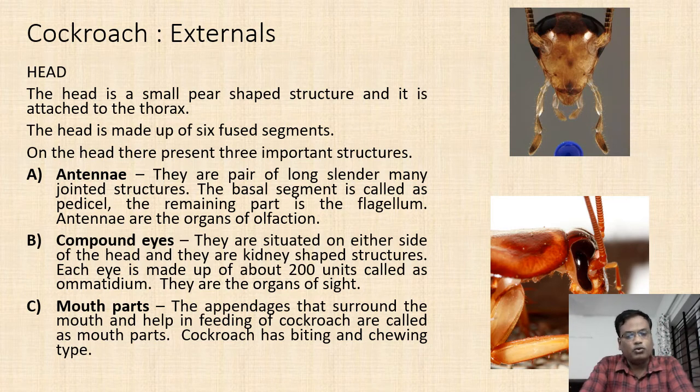Then we find the mouth parts. Maybe in another general topic you are going to study in detail. Mouth parts are the appendages that surround the mouth, and they help the insect to take the food and digest it. Cockroaches have biting and chewing type of mouth parts.